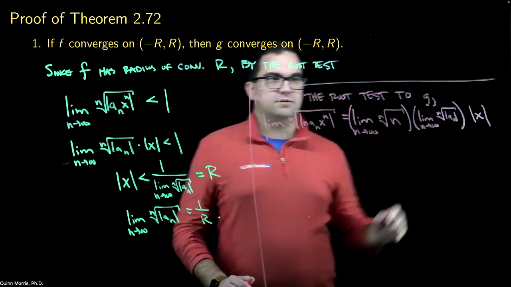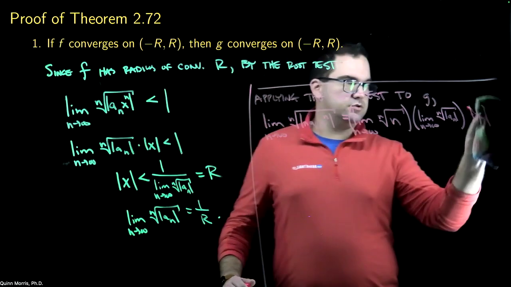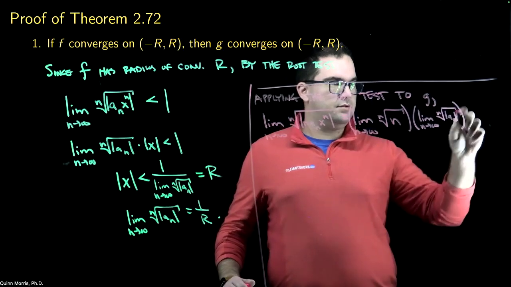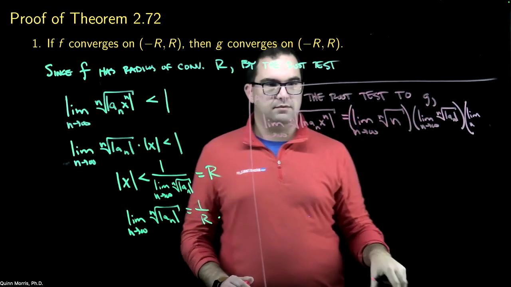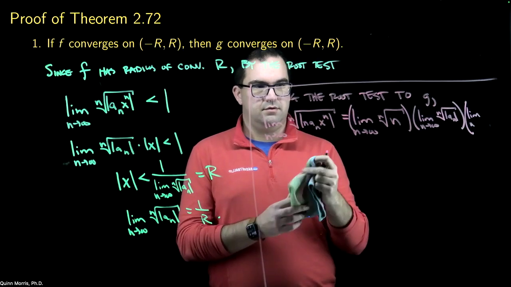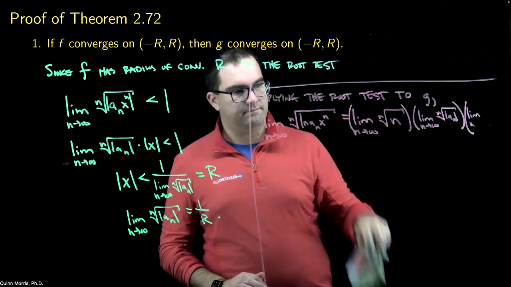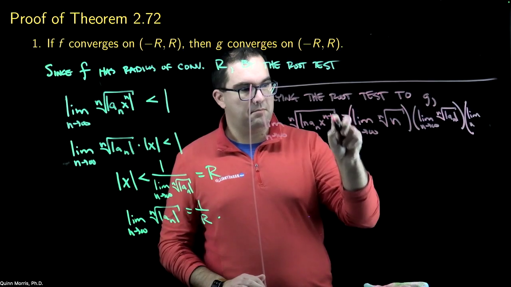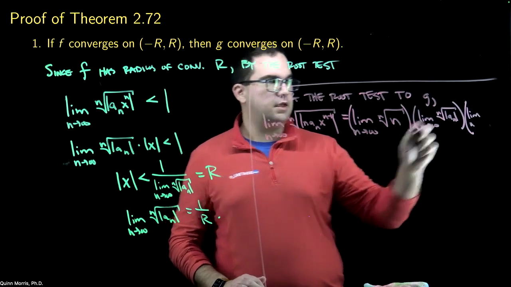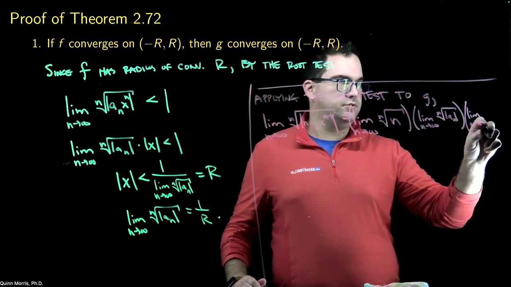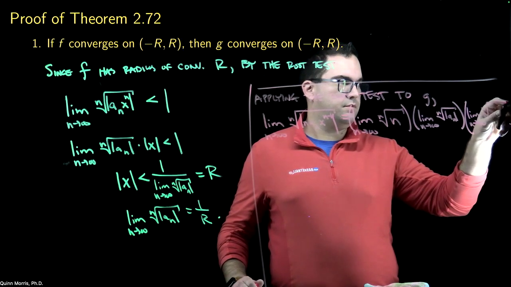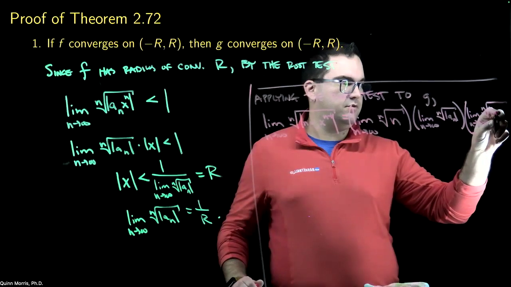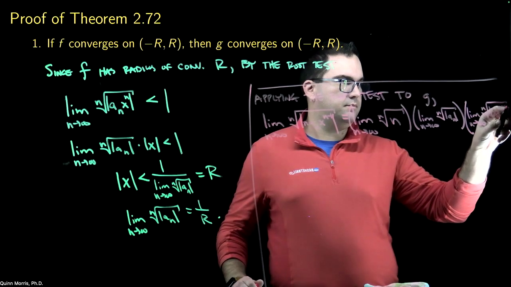And then, oh, sorry, actually, it's not quite as easy in this case. I'll get a limit as n, sorry, this should be to the n minus first power. Okay, this will be a limit as n goes to infinity of the nth root of the absolute value of x to the n minus 1.